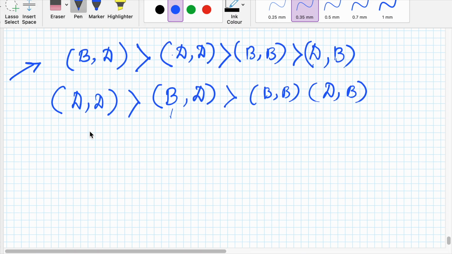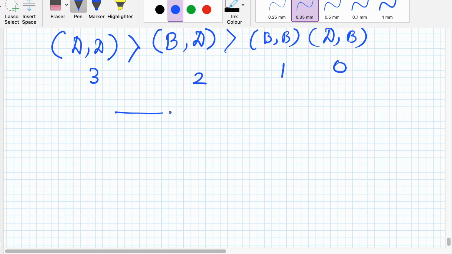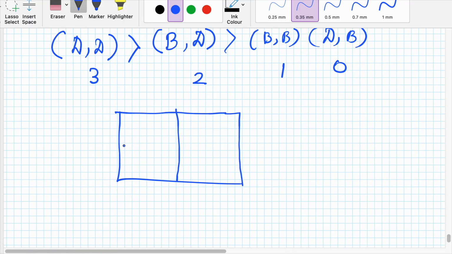by a matrix. Suppose this is 3, this is 2, this is 1, this is 0, for both of the countries.